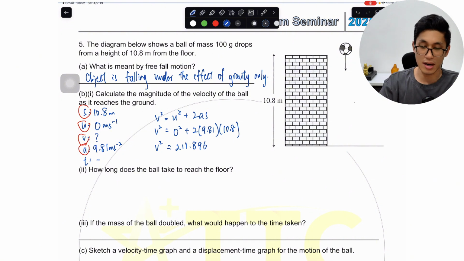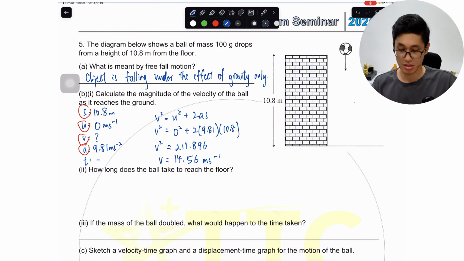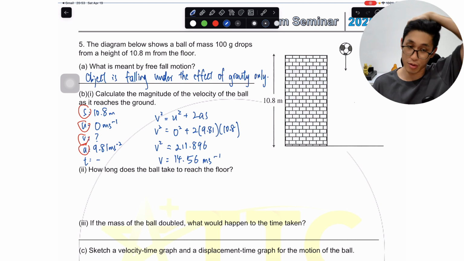Then you have to square root the answer, and you should get 14.5566, or 14.56 meters per second, because it is a velocity, right? So 14.56 meters per second.